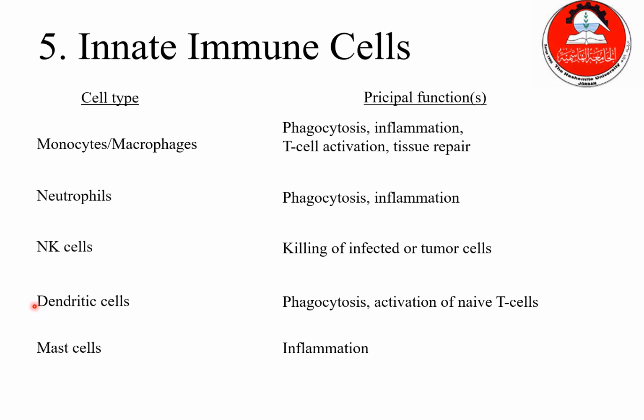The dendritic cells and the macrophages are professional antigen presenting cells, so they play a role in activation of the naive T cell. And also we have the mast cell that produces histamine, and it mediates inflammation. Also, we have eosinophils, which have the ability to defend the human body against parasites.